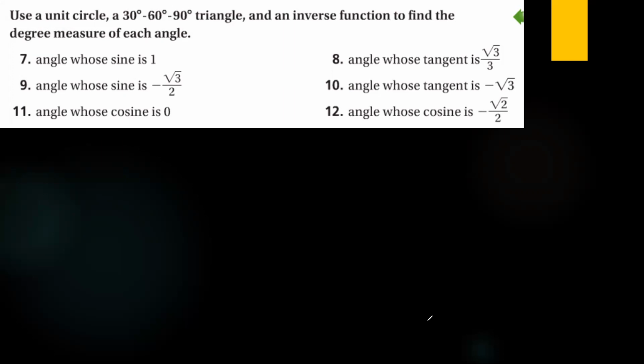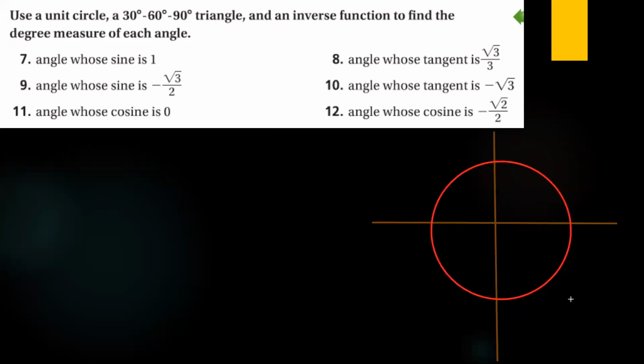Now, first, you have to draw the unit circle. And let's remember that on the unit circle we have 0, 90, 180, 270, and 360.